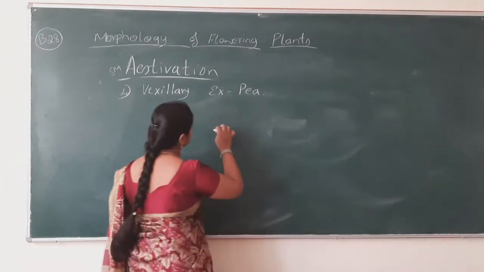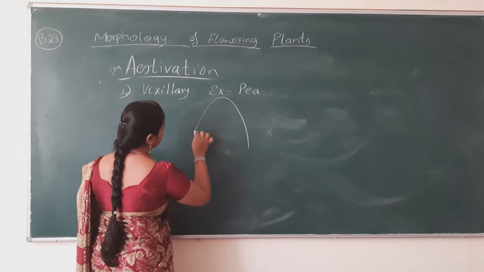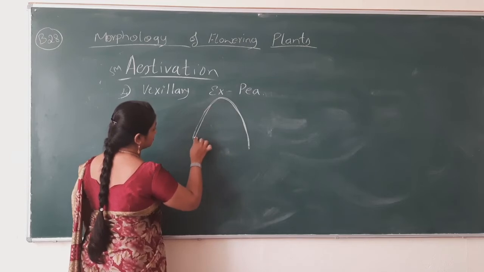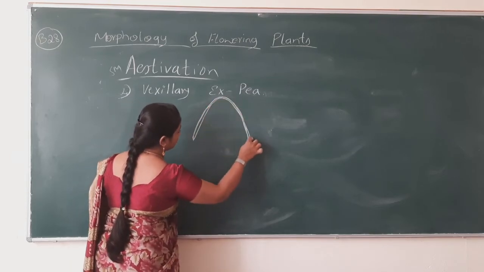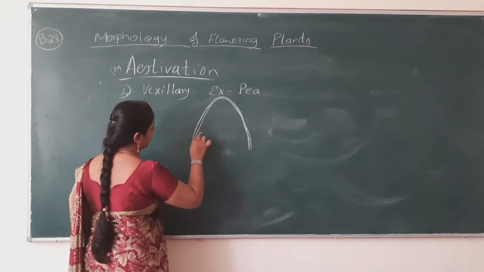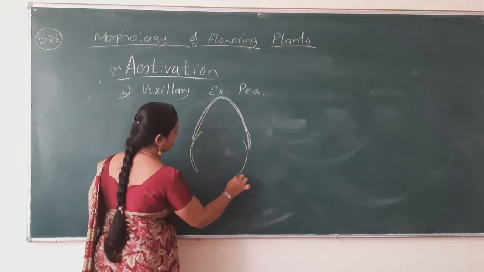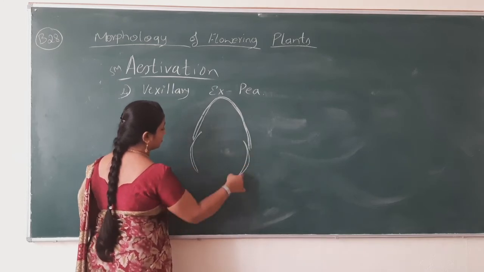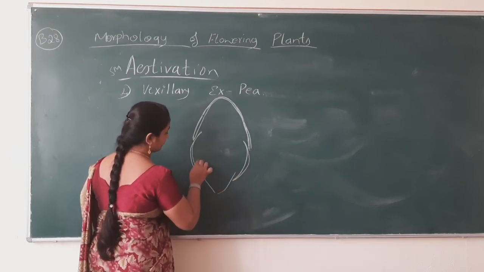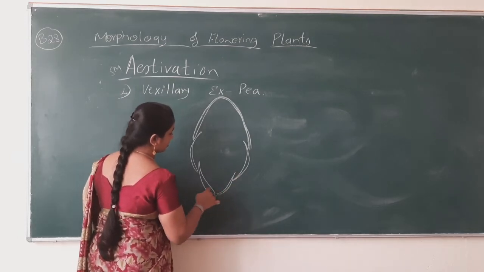So here you will find an interesting and important estivation where one petal is considered as a standard petal, completely overlapped the wing petal, and subsequently those two wing petals overlapped with two more keel petal.